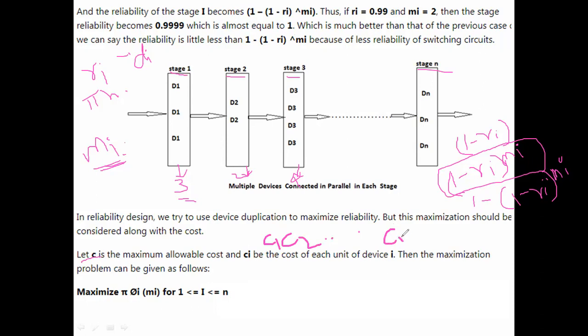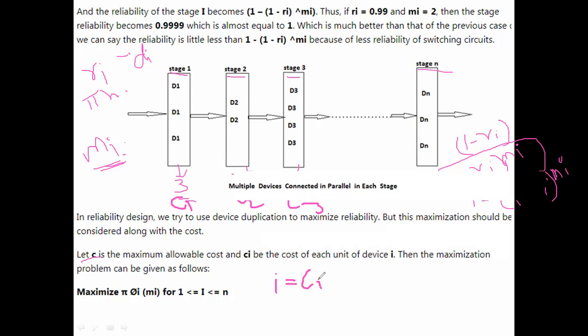Suppose this one is C1, stage 1, this is C2, this is C3. So the total cost of one stage is Ci Mi.